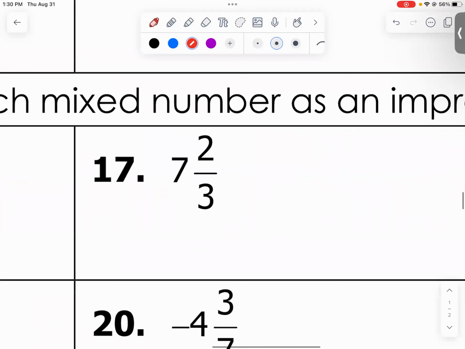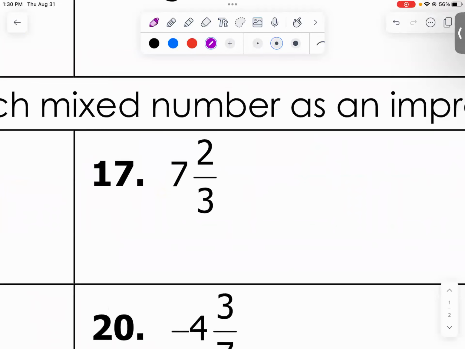So in number 17, Emma, what two numbers are we multiplying together? 7 and 3. So 7 times 3 is 21. Then Jacob, we're going to do what? Add 2. I told y'all, right?